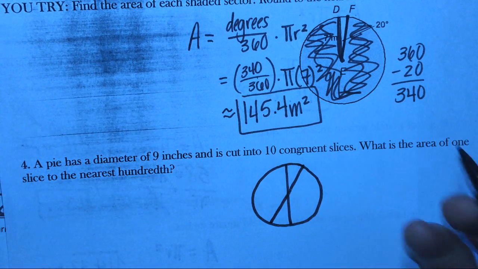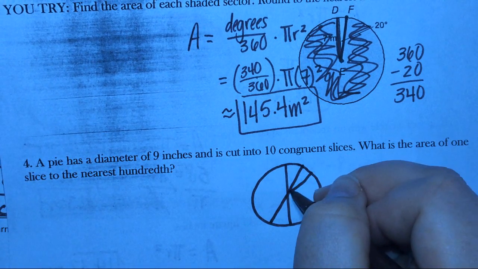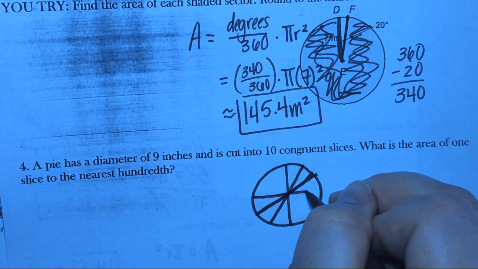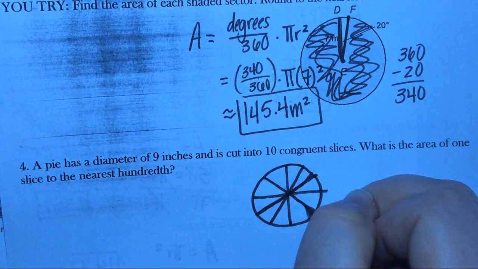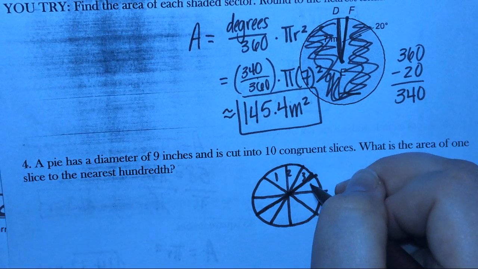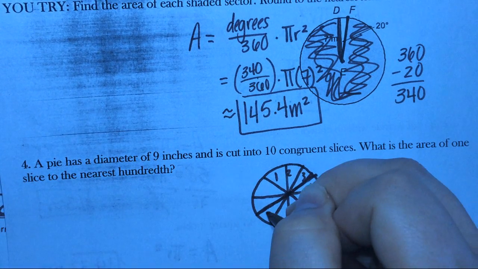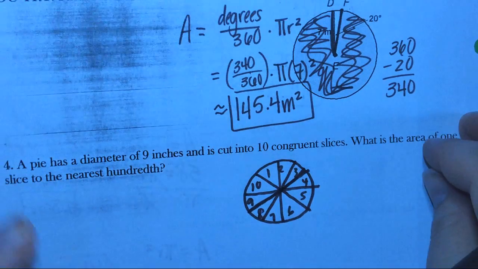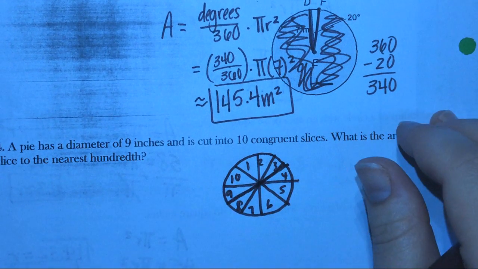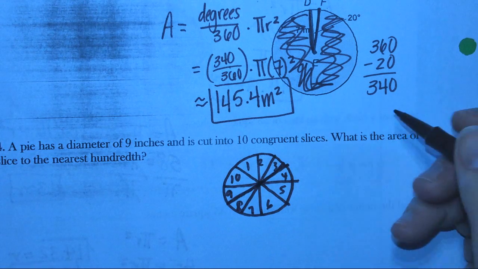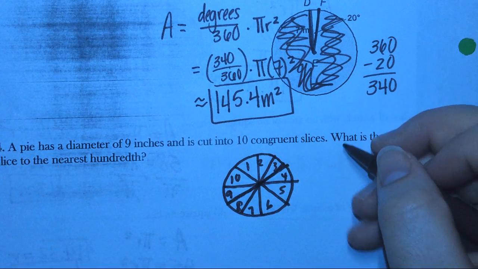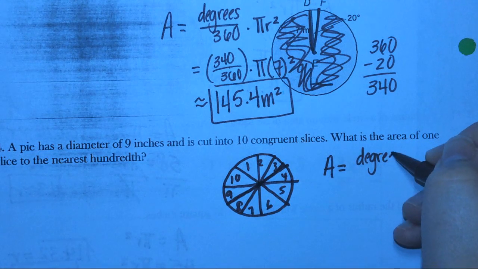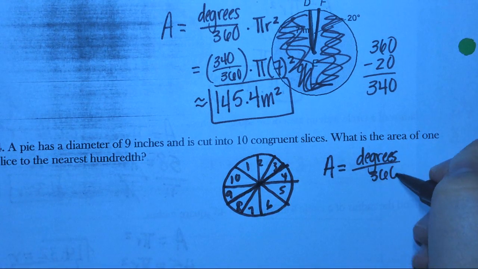My slices are not going to be congruent, I can tell you that much. 1, 2, 3, 4, 5, 6, 7, 8, 9, 10. Again, I at least write down the formula that I need for that shape.